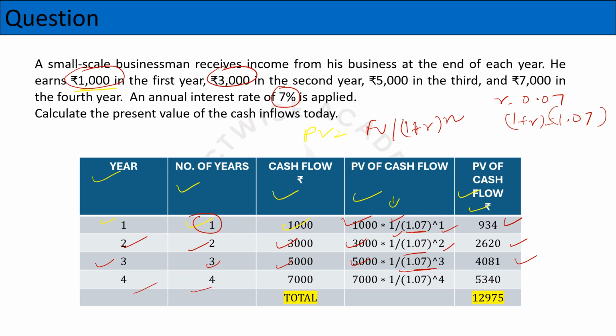And year 4, n is 4, amount is 7000. 7000 into 1 divided by 1.07 to the whole power of 4 is 5340. On summing all these, we get the total present value of cash inflows as 12,975.